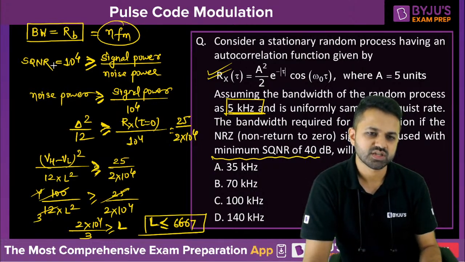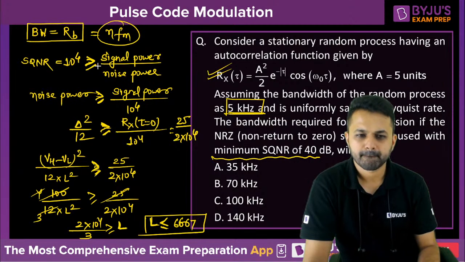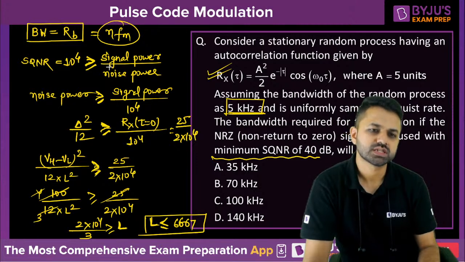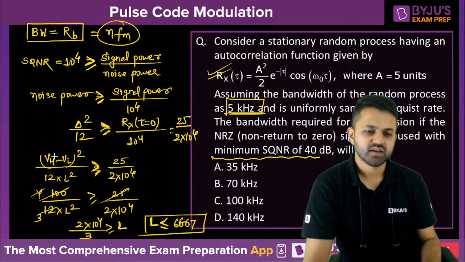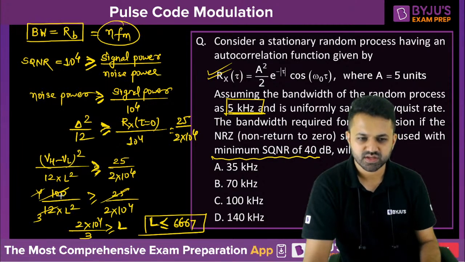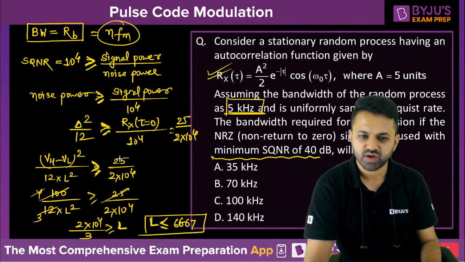So signal to noise ratio, which is this one, the number of bits will be, just to check once again. So 5 is the highest value and the lowest value is minus 5. So this is 10. 10 square is 100 divided by 12 and 12 square.